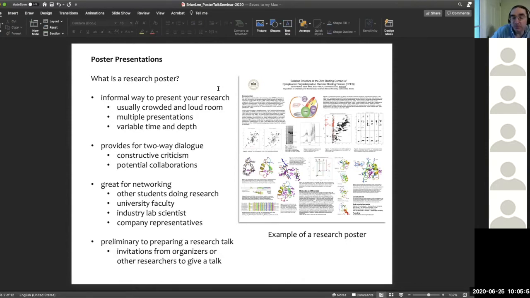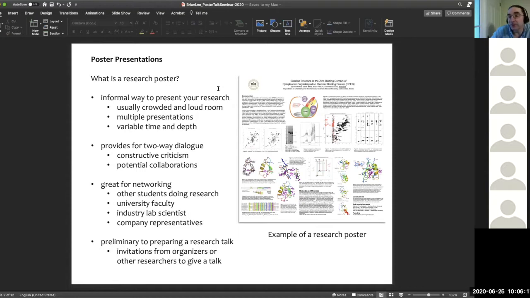One of the advantages and disadvantages is that you do multiple presentations. You might stand by your poster for an hour or 2 hours, and during that time people will come up and ask you questions. If you're there for an hour, you might do anywhere from 5 to 10 different little presentations of your research.